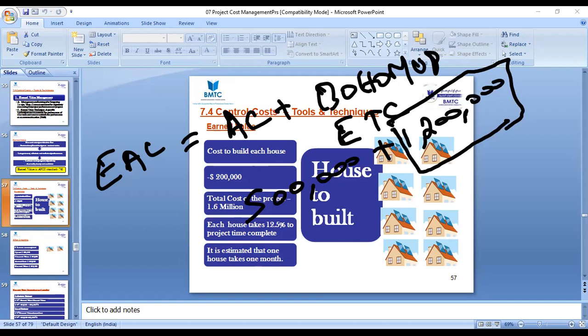The estimation technique should be bottom up, not any other method. We are not accepting parametric or any kind of analogous. The remaining work should be estimated through the bottom up technique. You have to re-estimate whether we will be spending 1.2 million, or more than 1.2 million, or less than 1.2 million. We need to have clear-cut knowledge.